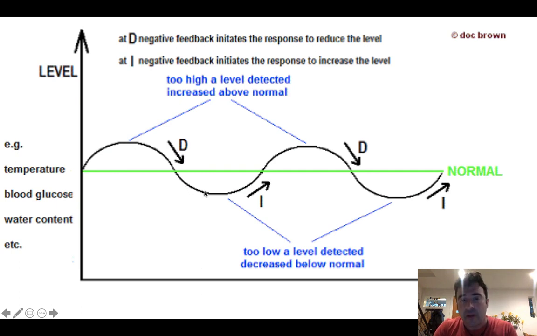So these variables are constantly fluctuating around a fixed point, right, that we refer to as a physiological fixed point. And you'll notice here that when things get too high, negative feedback works to bring them back down. So if body temperature gets too high, we work to bring that body temperature down. If it gets too low, we work to bring that body temperature back up.